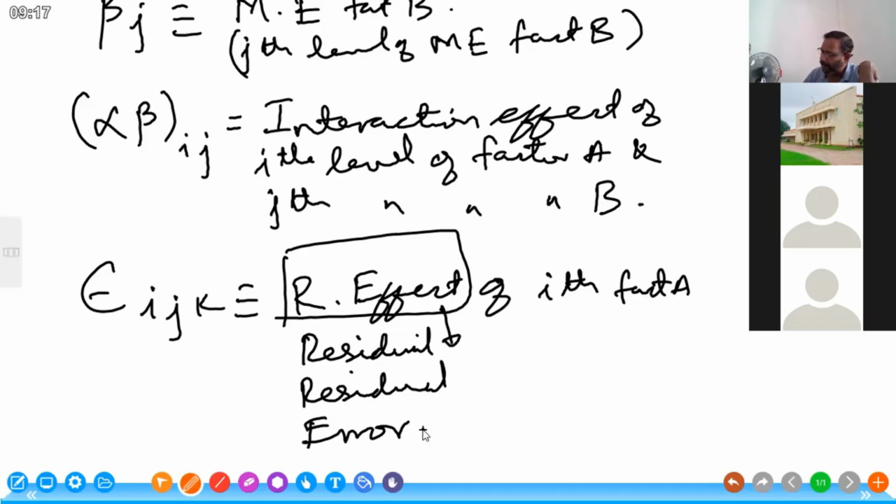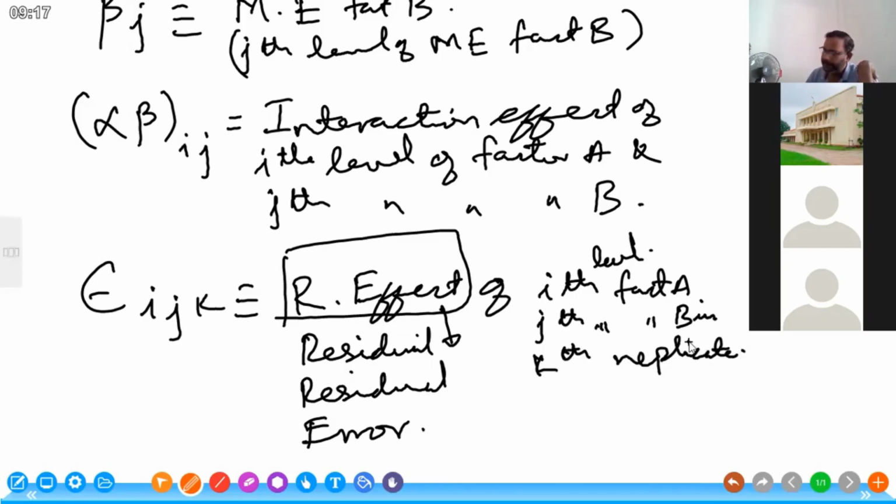Random effect of ith level of factor A in jth level of factor B in kth replicate.